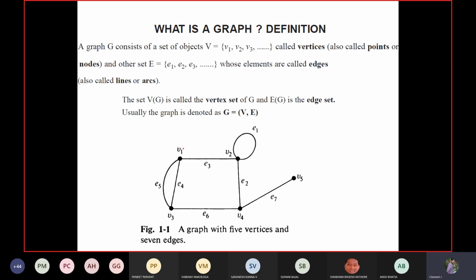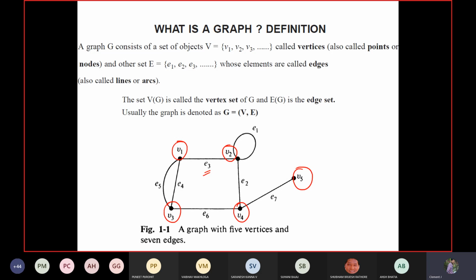Here you may have the nodes V1, V2, V3, V4. These are nodes, or sometimes points. These nodes are connected by lines. Here V1 and V2 are connected by a line, E3, and that line is called an edge. This is called a graph.